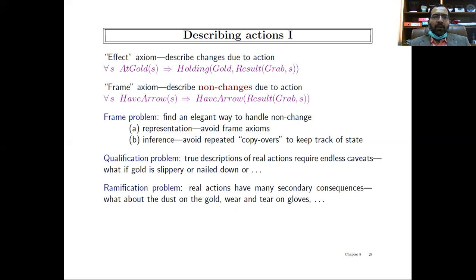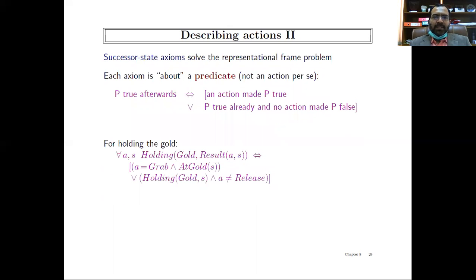For example, for all x, HaveArrow(x) implies HaveArrow(Result(Grab, x)), because if you have grabbed it, it means you have an arrow. So what you've done is that you have described the action in terms of the given situation. That is important when you talk about such actions.